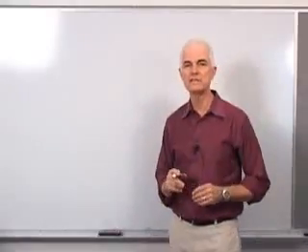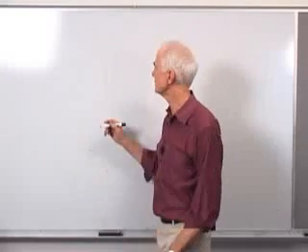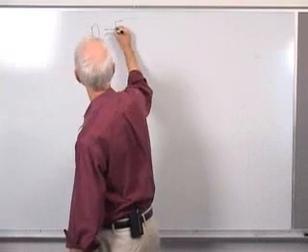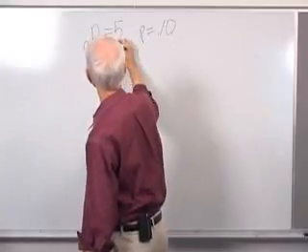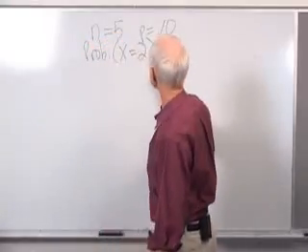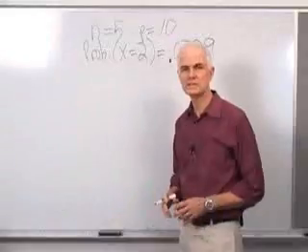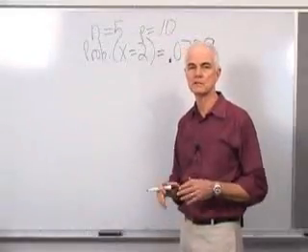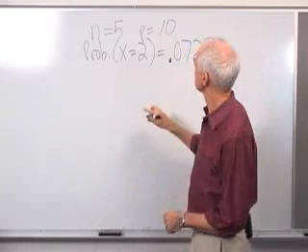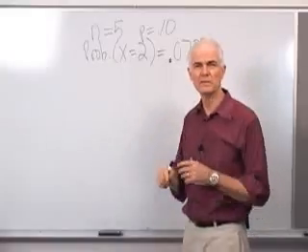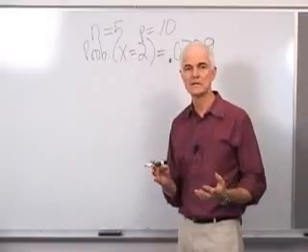Let's go back to the defect in manufactured part problem and think about the answer that we obtained. In sampling 5 parts with 10% defects, the probability that x equals exactly 2 defects was 0.0729. Is this a high probability or a low probability? Well, obviously it's a low probability. Why is that? If 10% of the population are defective, how many defective parts would you expect to get out of 5 parts that we randomly select?